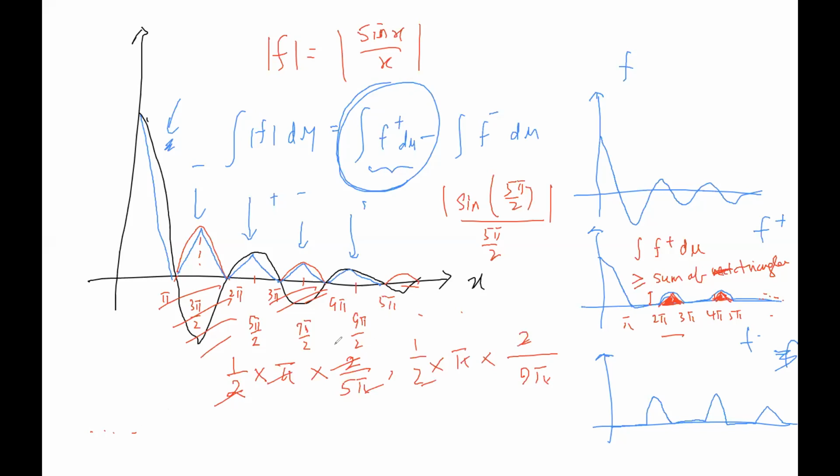So basically, you know that the integral of f plus d mu is definitely greater than or equal to 1/5, this guy, plus 1/7, this guy, and so on, plus 1/9.